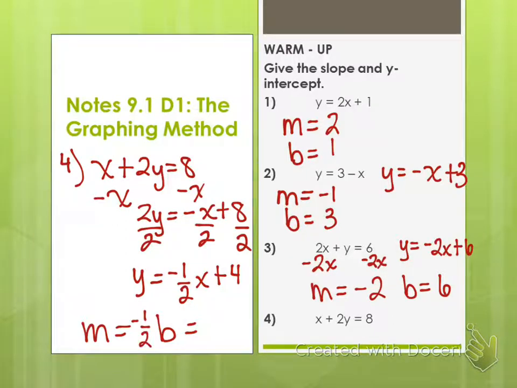Wonderful. Questions about our warm-up? We all feel good about identifying slope and y-intercept? Okay, hopefully that means yes.